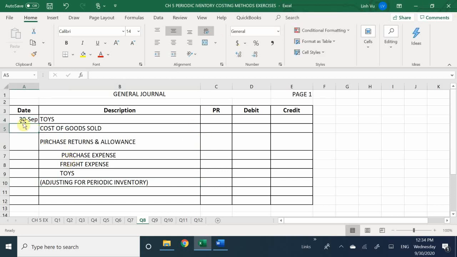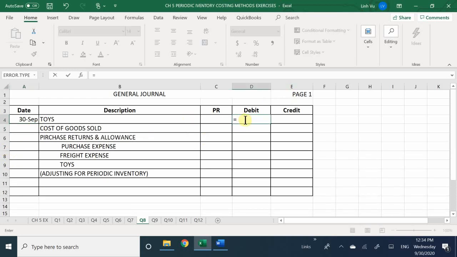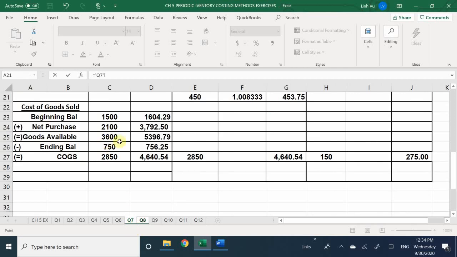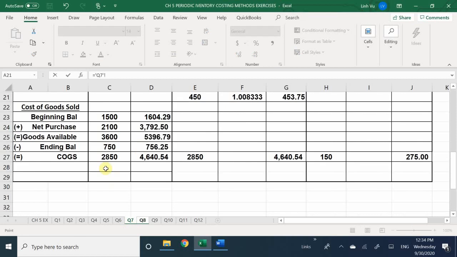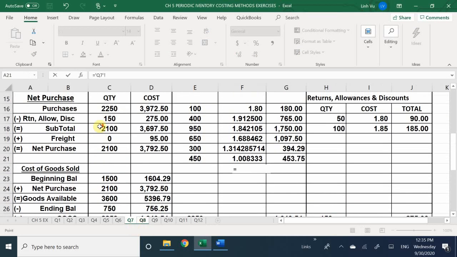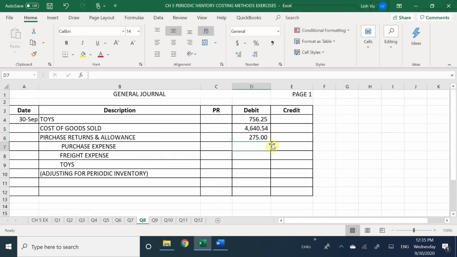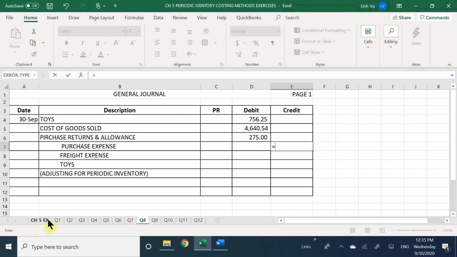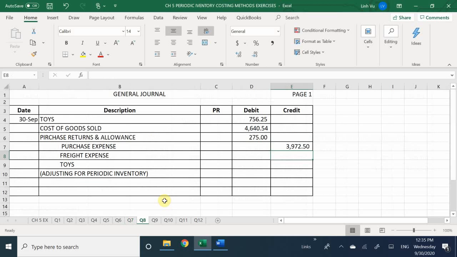All right, we have a grand total of ending inventory of $756.25. I should have a cost of goods sold of $4,640.54. I had returns and allowances of $275, and we had the total purchases of $3,972.